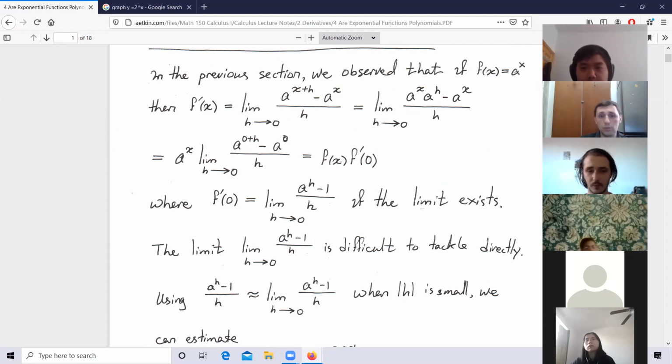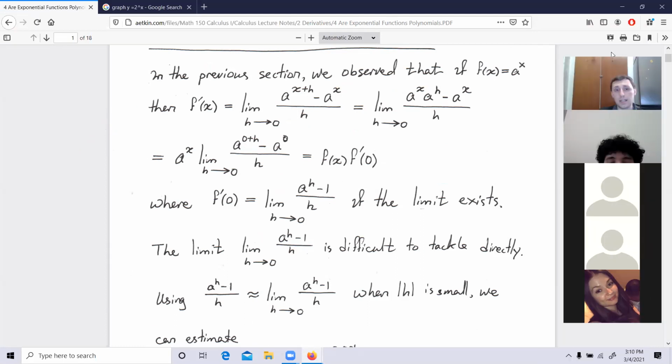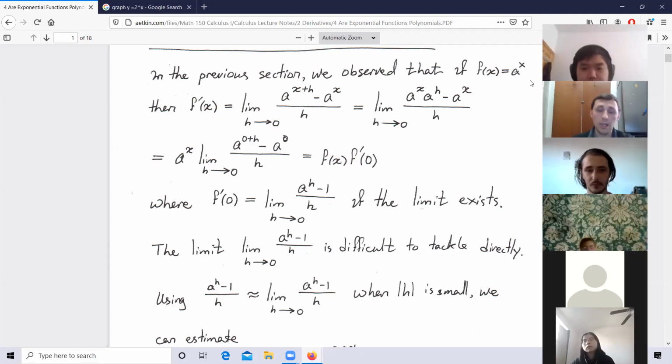And we were able to extract some qualitative information that the derivative of an exponential function seems to be the exponential function multiplied by a constant, and that constant happens to be the derivative of the function at 0, if it exists. There are lots of ifs we haven't justified, right? Since we haven't calculated the limit, maybe the limit does not exist.